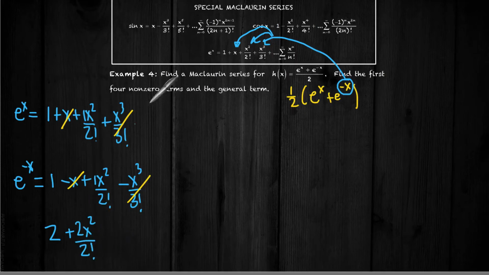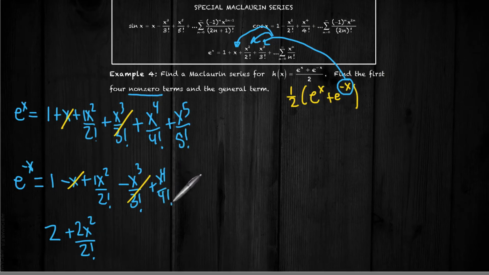But we only get 2 terms, and they want 4 non-zero terms. So that means we need to continue our list, and we need to make this x to the 4th over 4 factorial, and then x to the 5th over 5 factorial. And then this will be x to the 4th over 4 factorial, and then minus x to the 5th over 5 factorial. That should be enough for us to see the pattern.